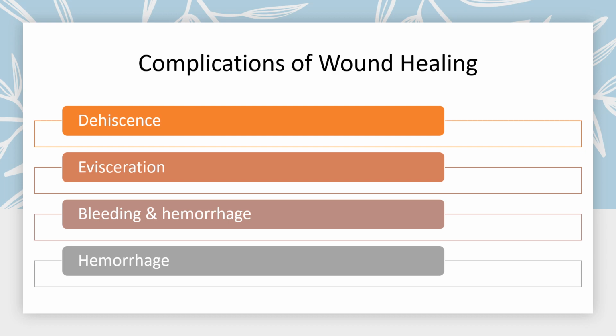Because of increased pressure and compression to blood vessels caused by hematomas and seromas, wound ischemia may occur. This can lead to tissue necrosis. Anticoagulant medications and obesity place clients at a greater risk for hematoma and seroma formation.